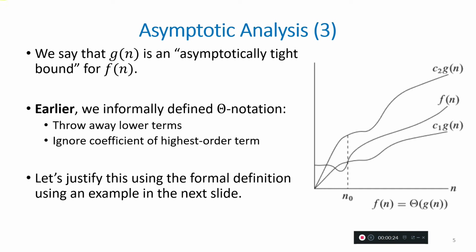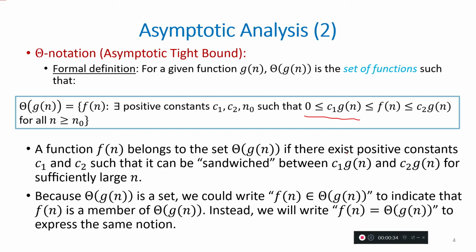Also note that we are only interested in the asymptotic behavior that happens in the first quadrant of the xy axis. And this is given in the definition over here. So we are only interested in the non-negative values of n for which there is a minimum bound which should be non-negative.